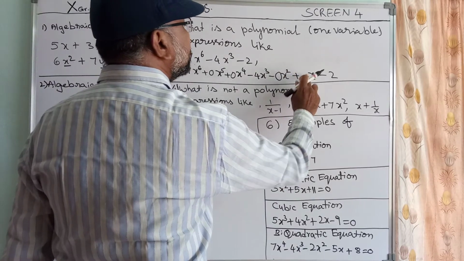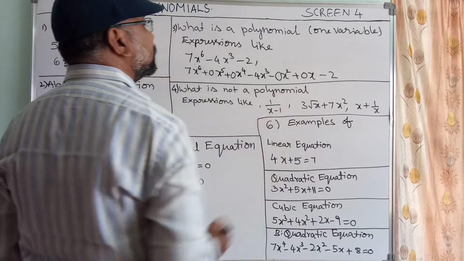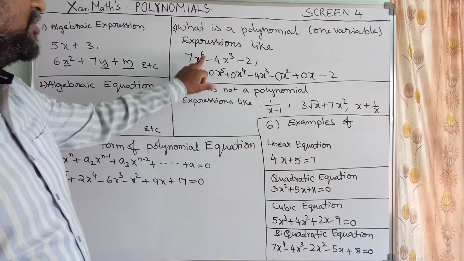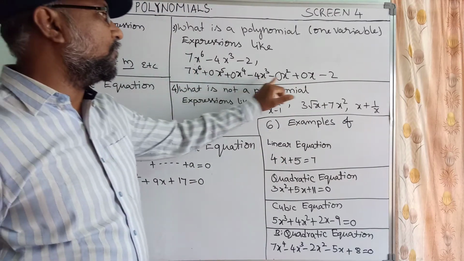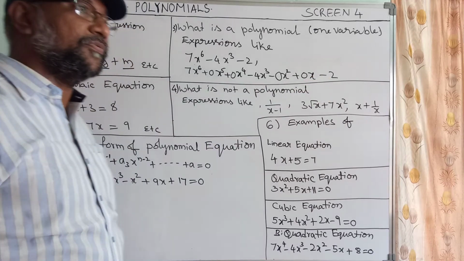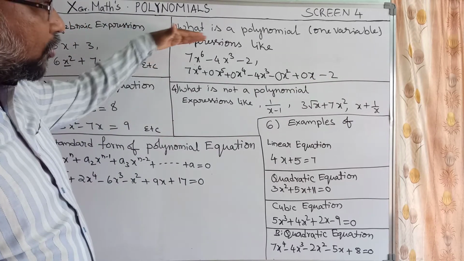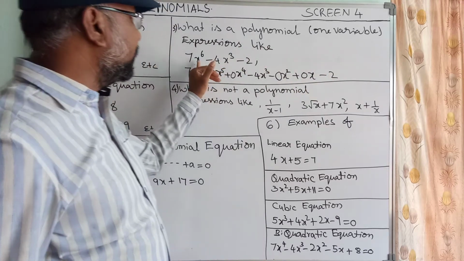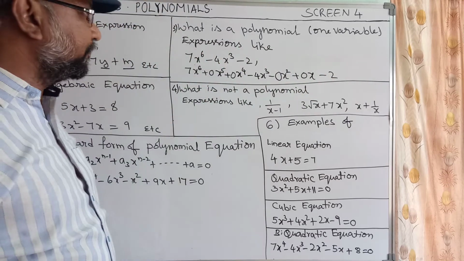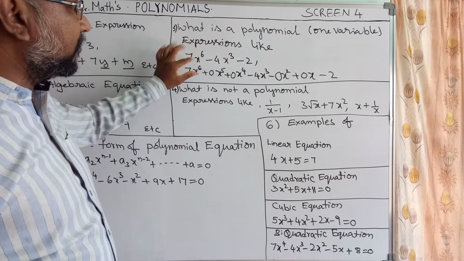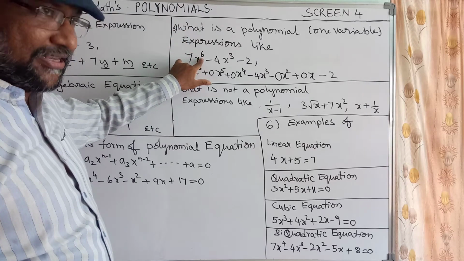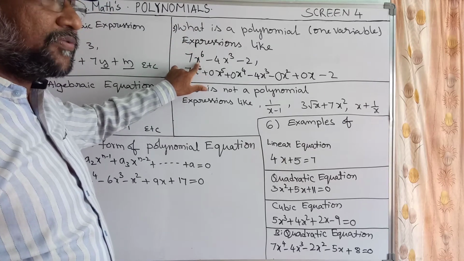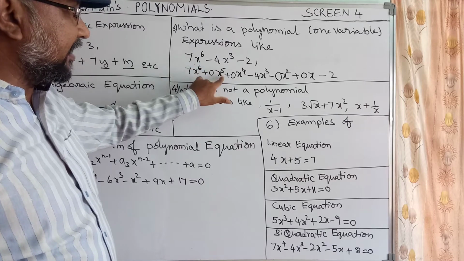And the x term is also missing, you can keep 0. Actually, power 6 means 1, 2, 3, 4, 5, 6, 7 terms will come. For a polynomial, it should be in decreasing order of the variable, of the power. Therefore, the degree of the polynomial is 6, and it starts with x power 6.